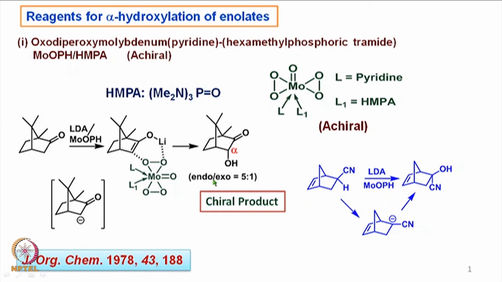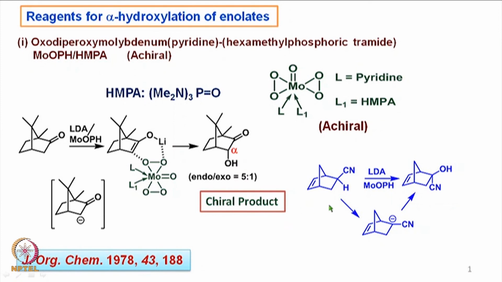As you can see here, the endo-exo ratio is 5:1. Now, although the reagent is achiral, since the starting molecule, the camphor, is optically pure, the product that we get is a chiral product. So, this is one of the ways by which we can get a chiral alpha hydroxy ketone.